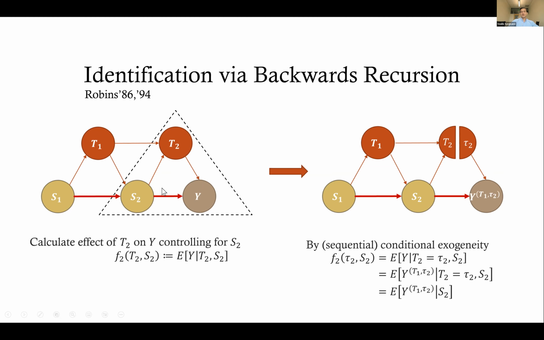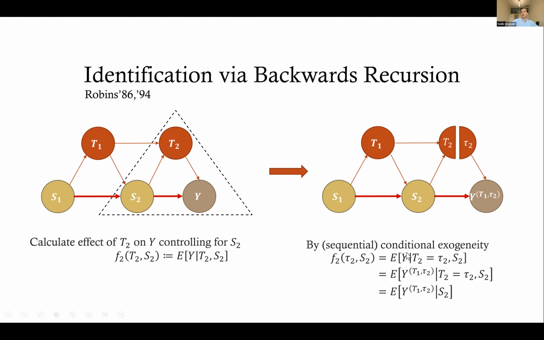And then by the fact that conditional on S2, this potential outcome here is independent of the original treatment T2, which is known as sequential conditional exogeneity, we'll get that when we evaluate that regression function F2 at different treatments, say tau2, we're going to get exactly the mean potential outcome that we care about, right?